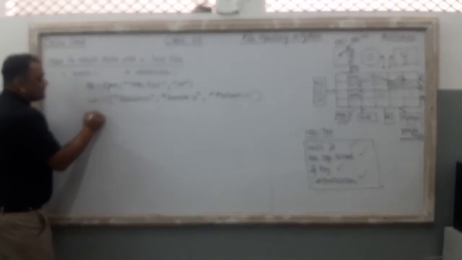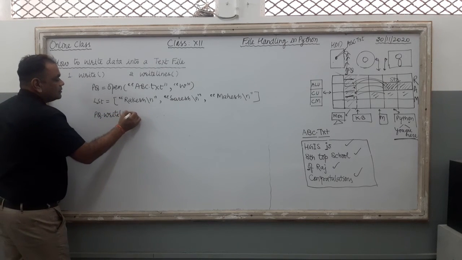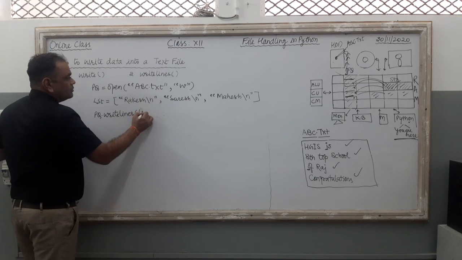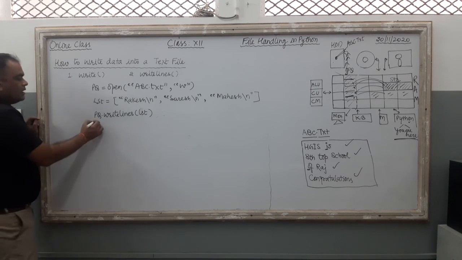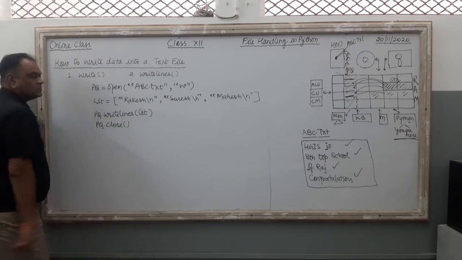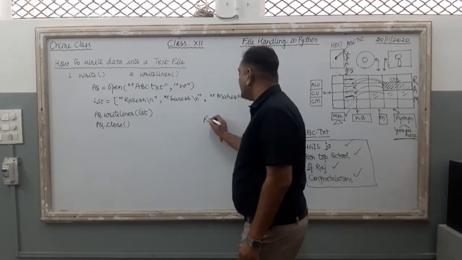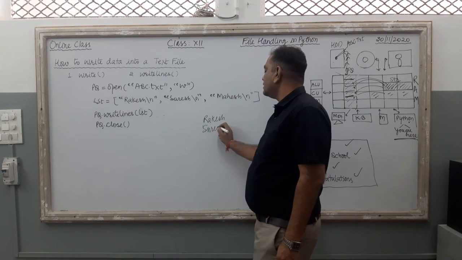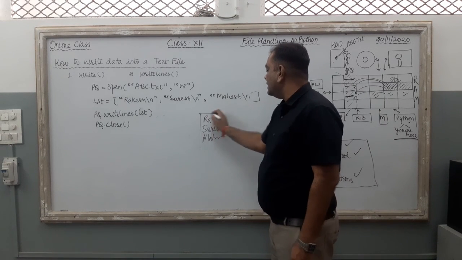Now the list is created. Now you use just this command pq.writelines, and here with this writelines use lst, list variable, and then you just close the pq variable, pq.close. Clear? By this, if you want to see the output of the file, just see Rakesh at the first line, Suresh at the second line, and Mahesh at the third line inside the file.